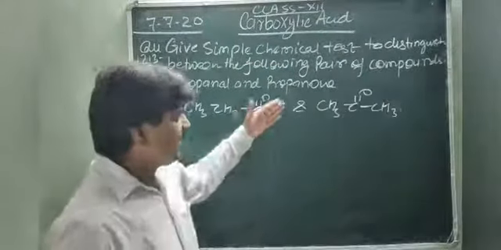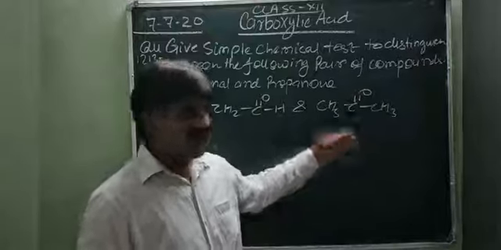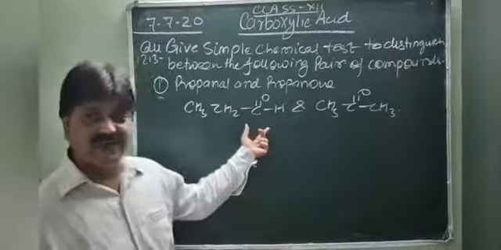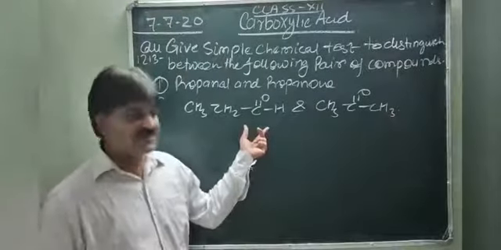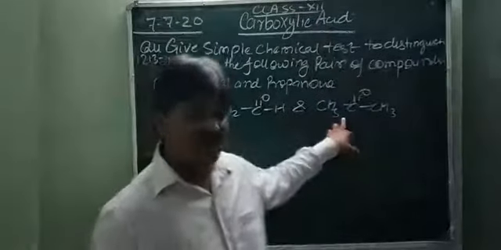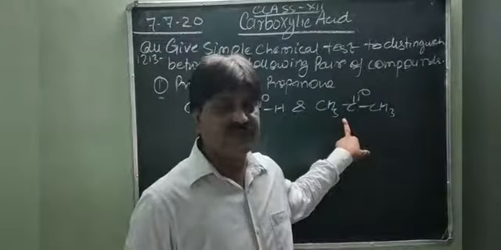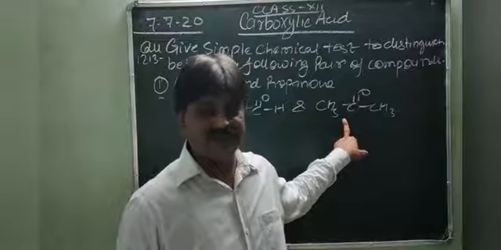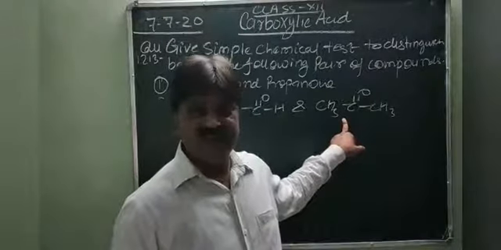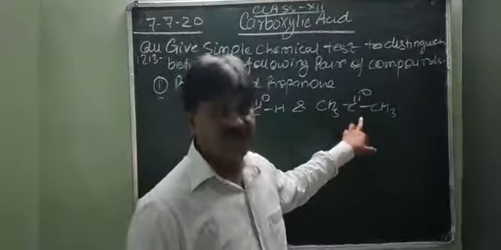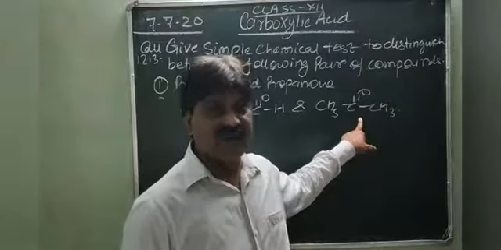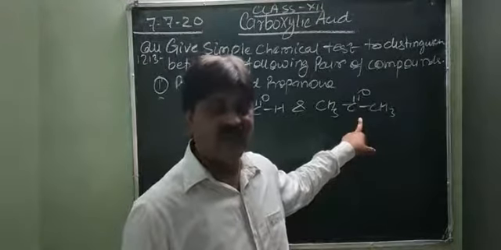So this is an aldehyde and this is a ketone. Aldehydes give the Tollens reagent test and Fehling test, but ketones give the iodoform test. A ketone does not reduce with Tollens reagent, a mild oxidizing agent, or Fehling solution. It gives the iodoform test. So they can be distinguished by the iodoform test as well as the Tollens reagent test.